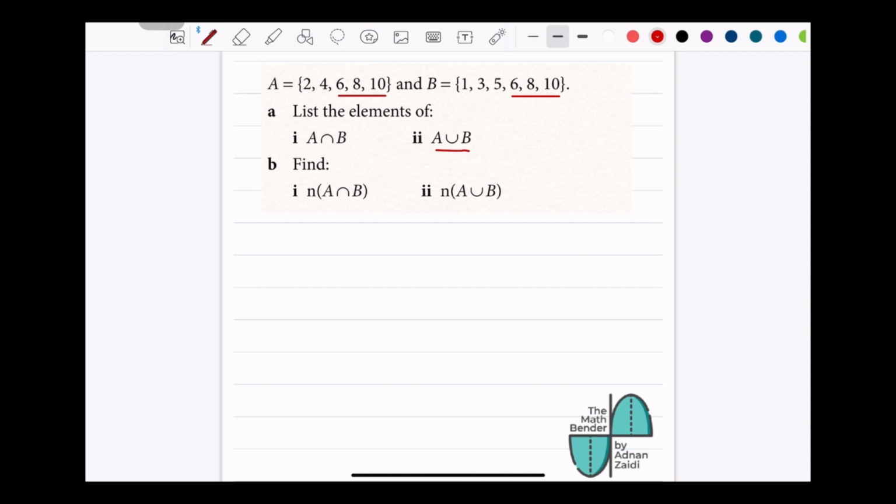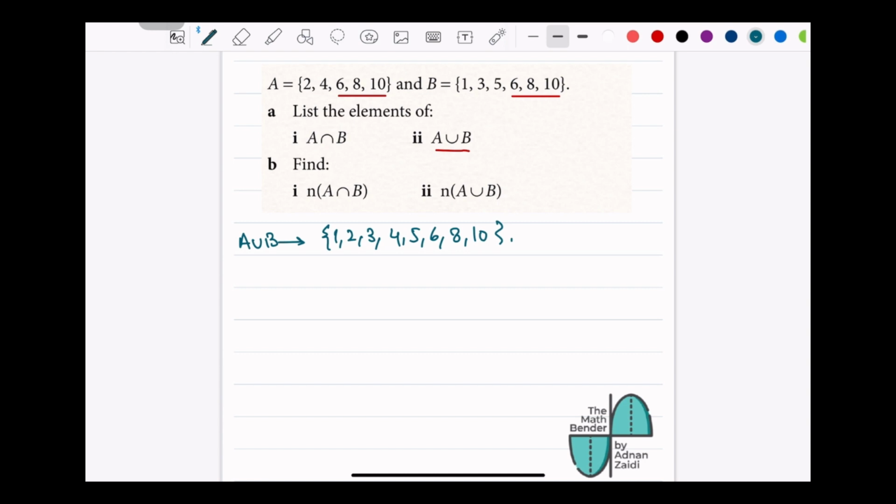So when I say A union B, this means writing all the elements of A and B together. So 1, 2, 3, 4, 5, 6, 8, 10. All the elements summed up together.